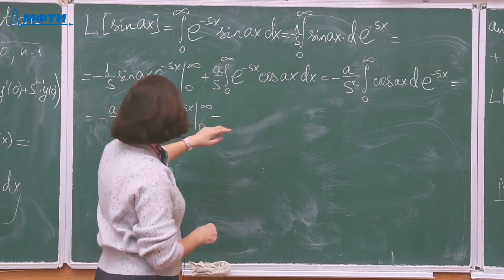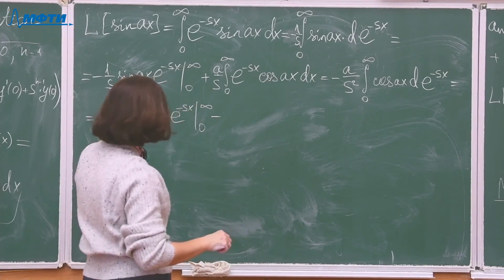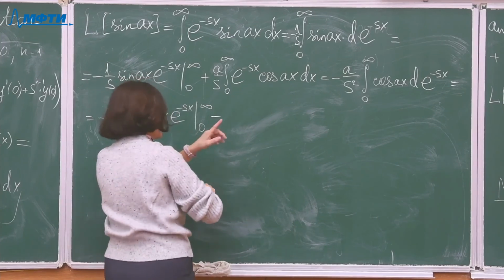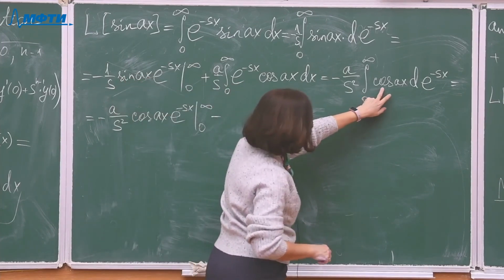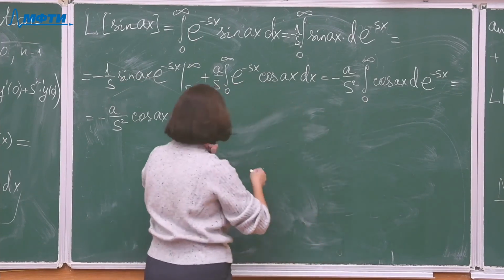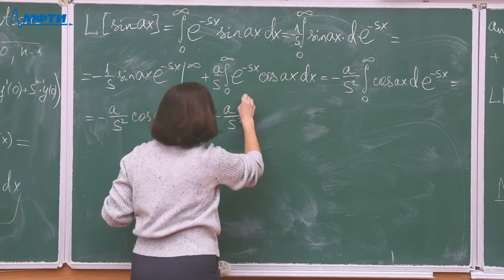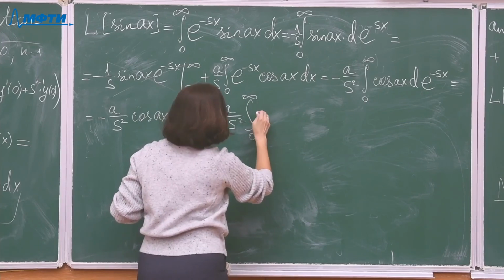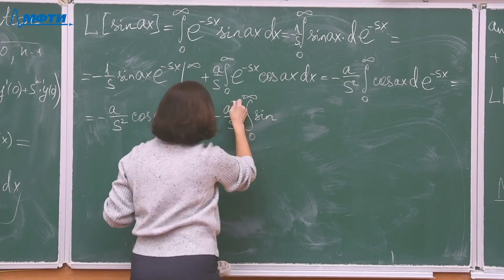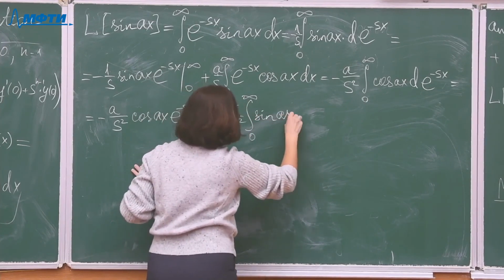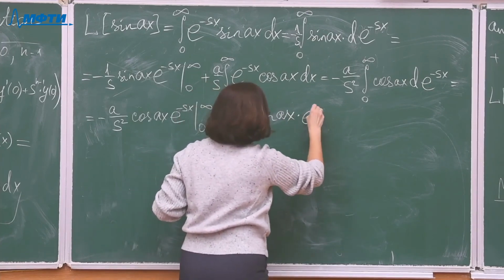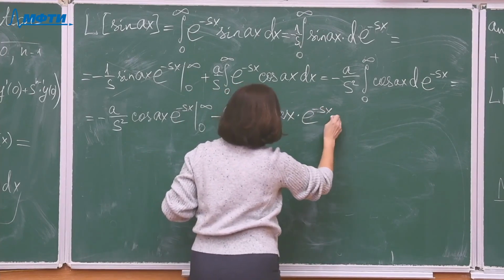The derivative of cosine is minus sine, so we will get minus a over s squared, from 0 to infinity, of a squared sine ax e to minus sx dx.